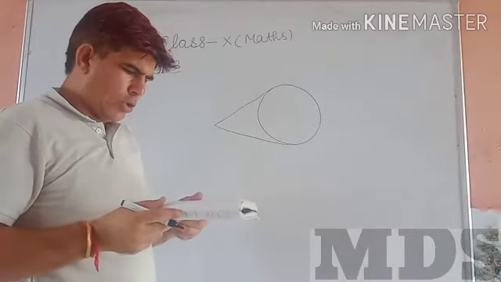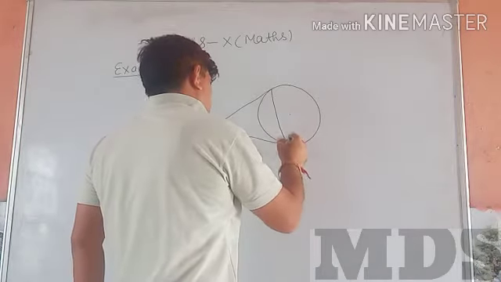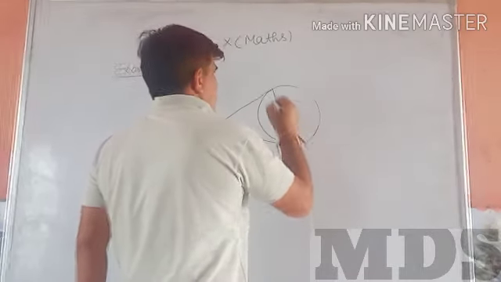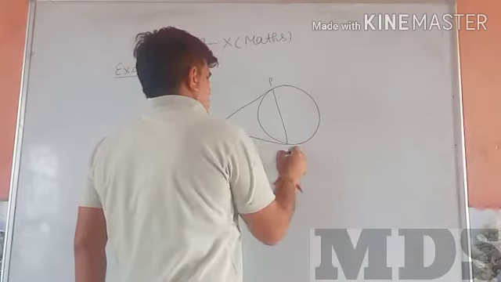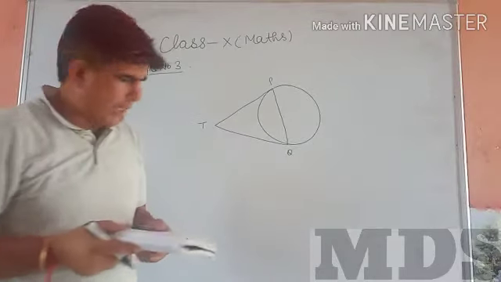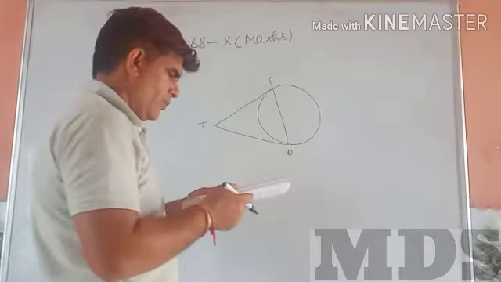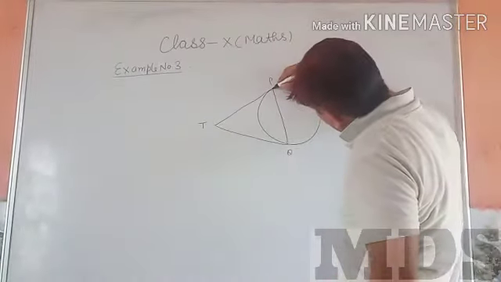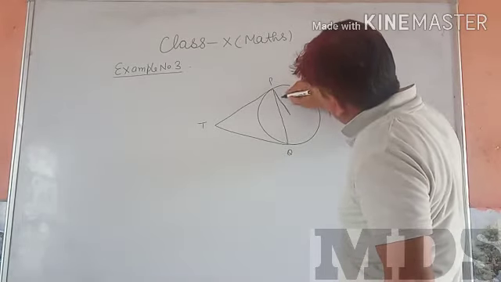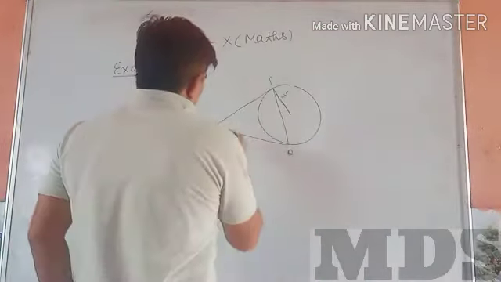PQ is a chord, and this is D. Same PQ is the chord of length 8 cm of a circle of radius 5 cm. Understood? Joining this point.